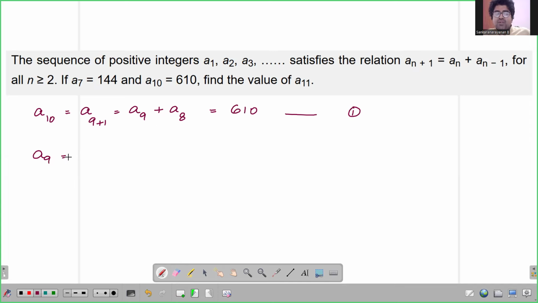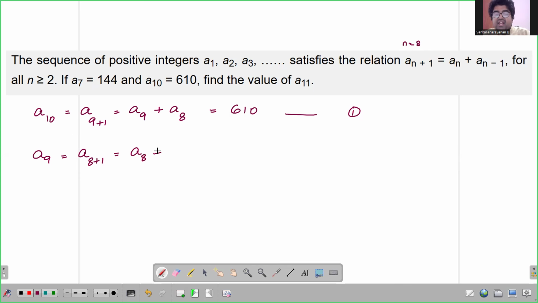If I put A9, then the n value will come as 8. Yes or no? At n equal to 8, A9 will come. A9 is nothing but A8 plus 1, which is A8 plus A7 as n is given as 8.